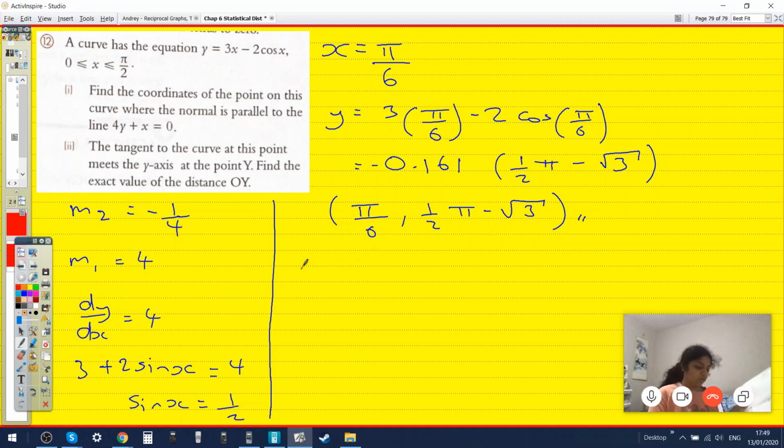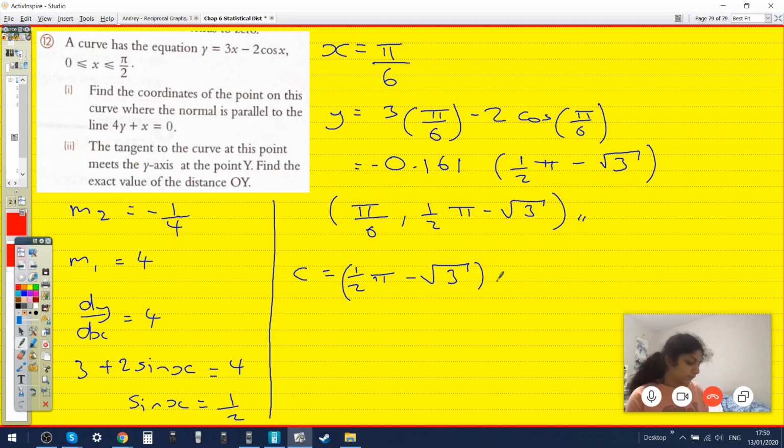So half pi minus root 3 is equal to 4 times pi over 6 plus c. c is minus 2.255.